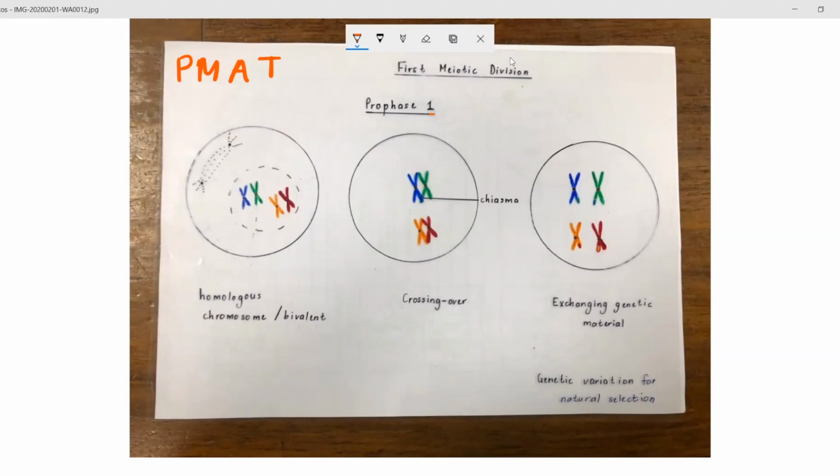Now in prophase, homologous chromosomes form. Now homologous chromosomes, let me tell you what homologous chromosomes are. Sorry about the noise, I'm at school. A homologous chromosome, let me draw a homologous chromosome for you. And this is a very important definition, so make sure you know it.